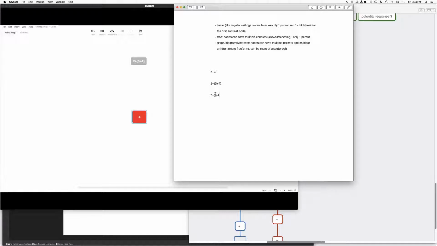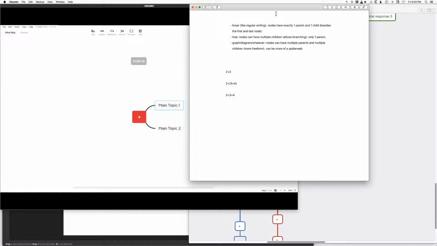Okay, sweet. So yes, you want to add up the 2 and the 3 first, because you start on the left and go to the right. Whereas before, we started with the 3 and the 4 because they were grouped together with parentheses to give them priority. Okay, so I think it's like 2, 3, and then so now you have this part.